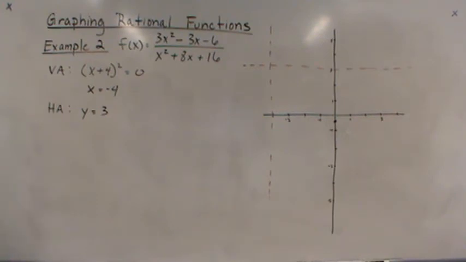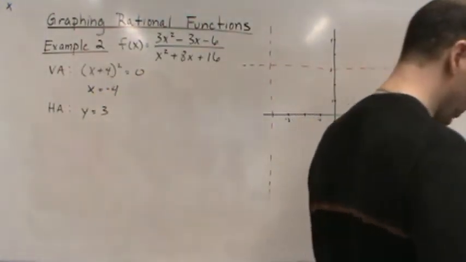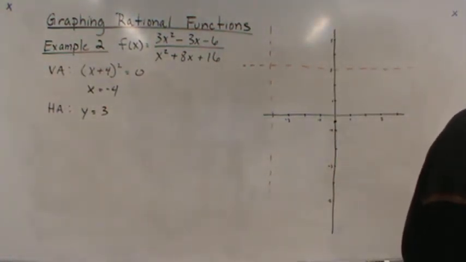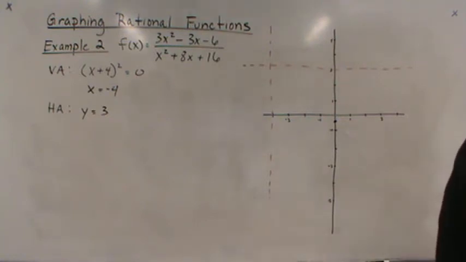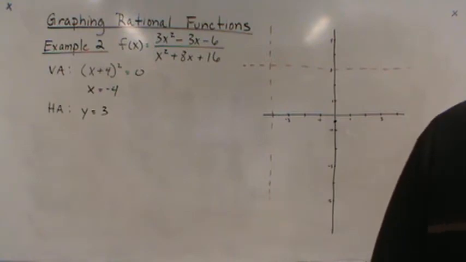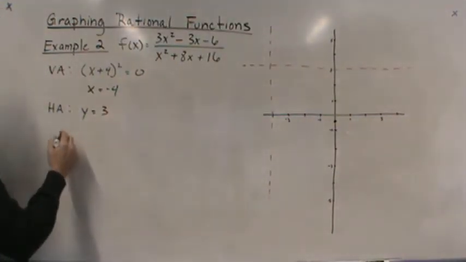And then for the x-intercepts, that's going to be when the top is equal to 0, right? We're going to set the numerator equal to 0. And in that case, we can factor out a 3.